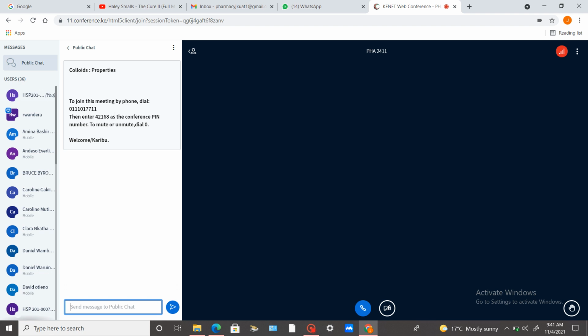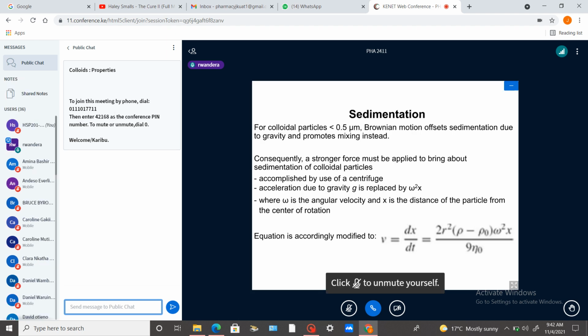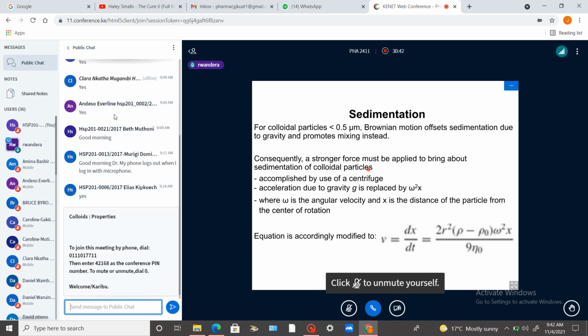When you are using centrifugation, your acceleration due to gravity will be replaced by W squared X. This is not W as such, I'm just referring to it as W, but it has a name: it is the angular velocity due to centrifugation, and X is the distance of the particle from the center of rotation. So you'll modify your Stokes equation to become this.